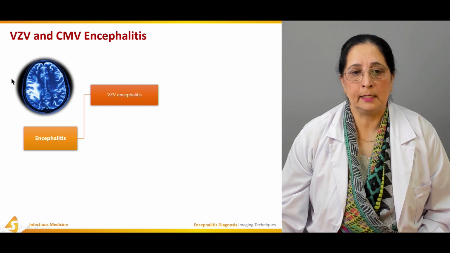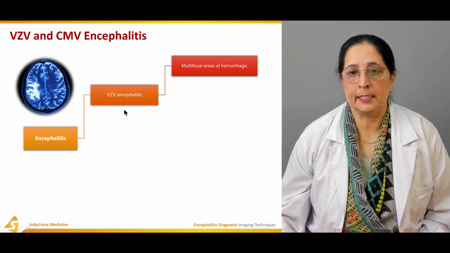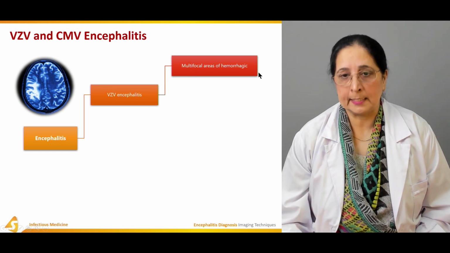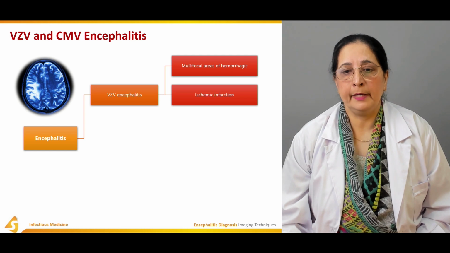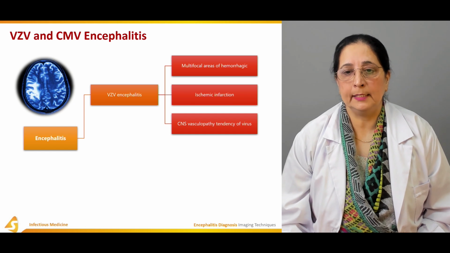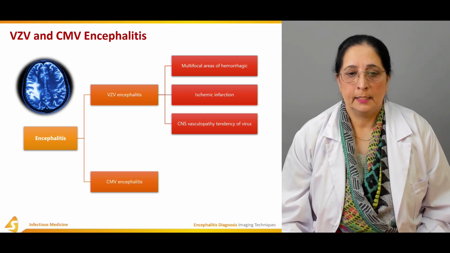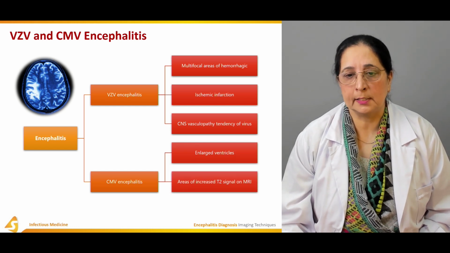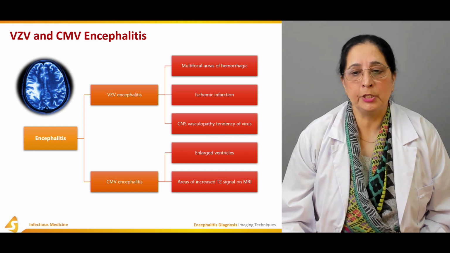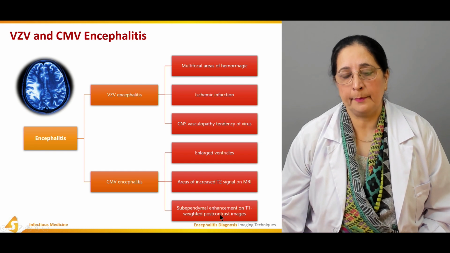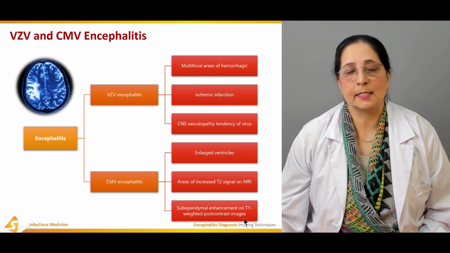In varicella-zoster virus encephalitis, multifocal areas of hemorrhage are present, and ischemic infarction, reflecting the CNS vasculopathy tendency of the virus. In CMV encephalitis, there are enlarged ventricles, areas of increased T2 signal on MRI, and subependymal enhancement on T1 weighted post-contrast images.